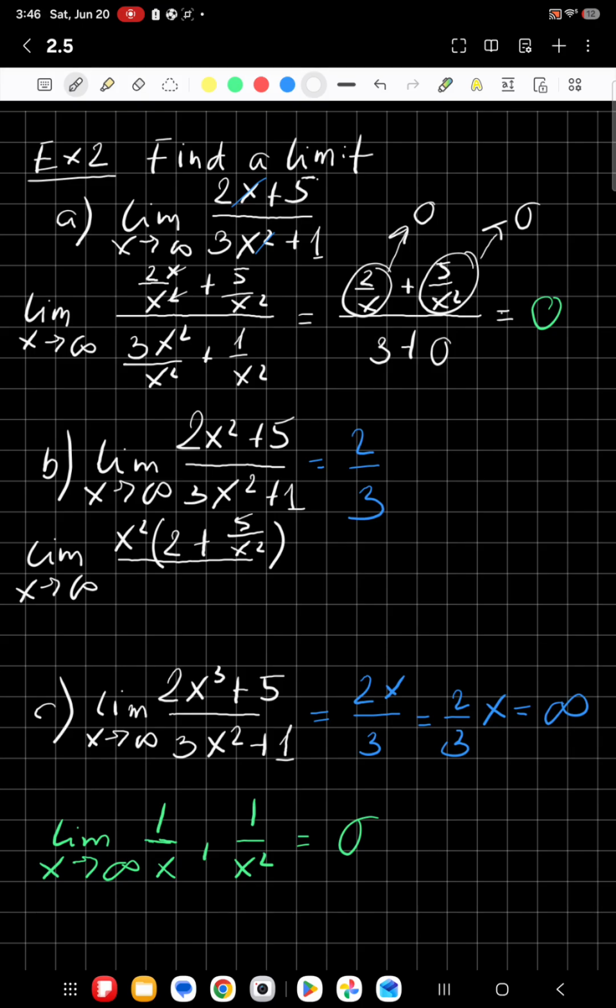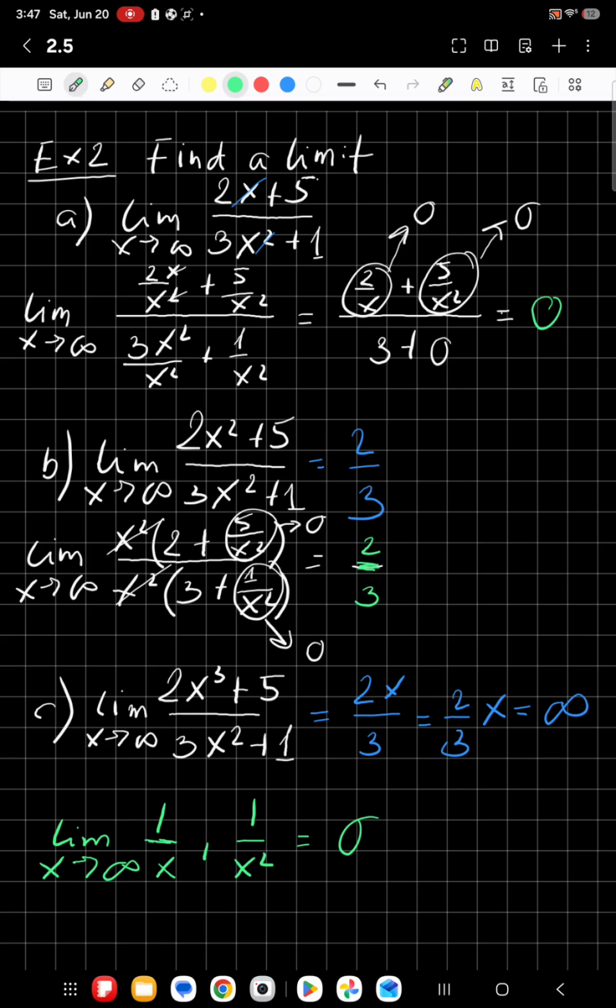The bottom, I do the same thing, factor x squared out, 3 plus 1 over x squared. The x squared cancels out, this goes to 0, this goes to 0, and I get 2 over 3. So again, our prediction was right.